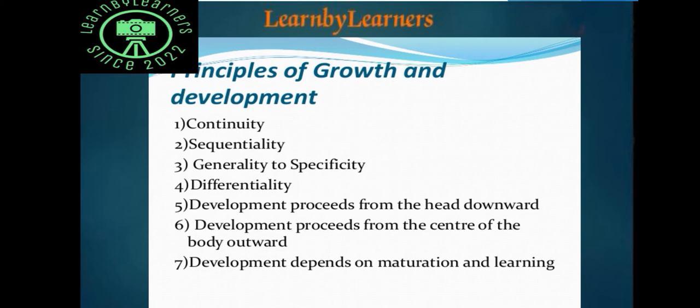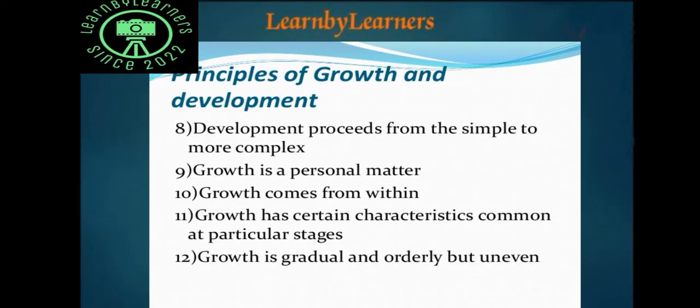So the first one is continuity, then the second one is sequentiality, third is generality to specificity, the fourth one is differentiality, and the fifth one is development proceeds from head downwards, and development proceeds from center to outwards, and the seventh one is development depends on maturation and learning, and the eighth one is development proceeds from simple to complex, and growth is also a personal matter.